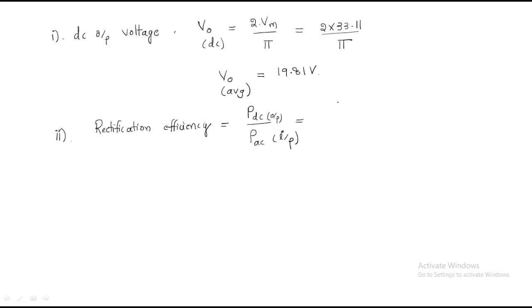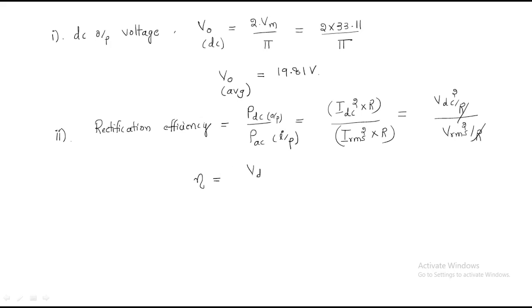The DC power equals IDC square into R, and the AC power equals IRMS square into R. So the DC output power is VDC square by R, and the AC power is VRMS square by R. Both R cancel, and the efficiency equals VDC square by VRMS square.